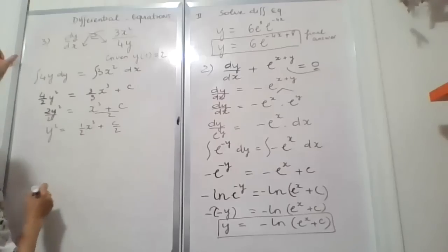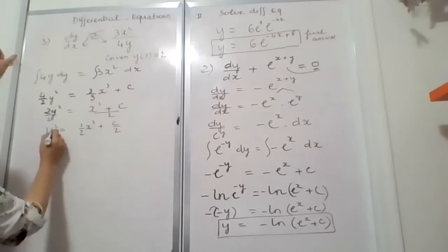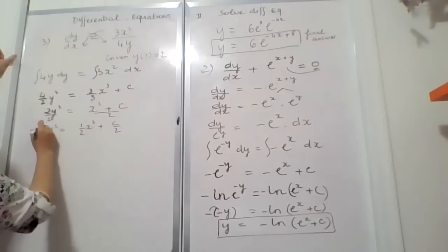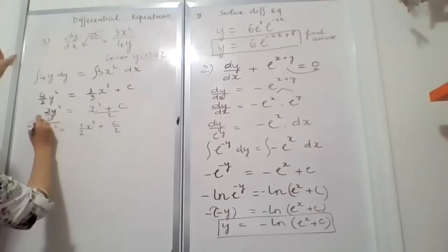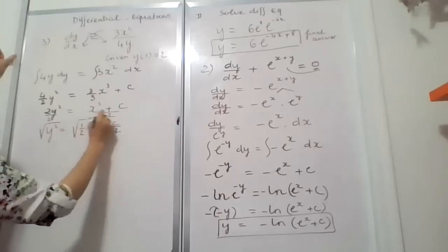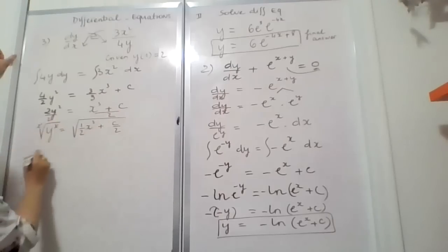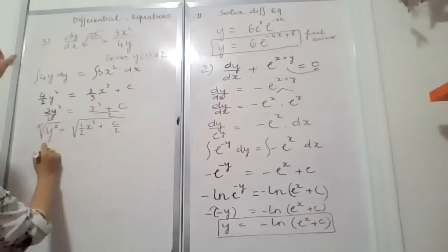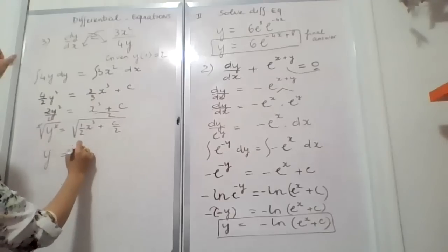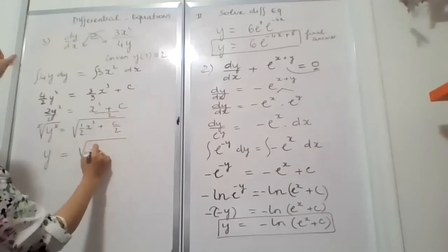Okay, so now what do we do next? We solve for y. So we have to take square root both sides, right? So that we can cancel this power with the root. So we take square root both sides, the y will become this.